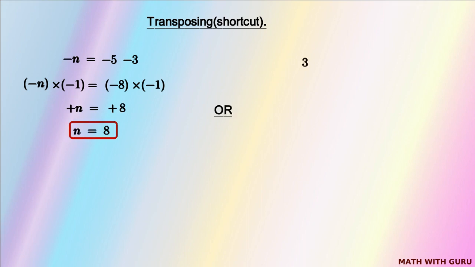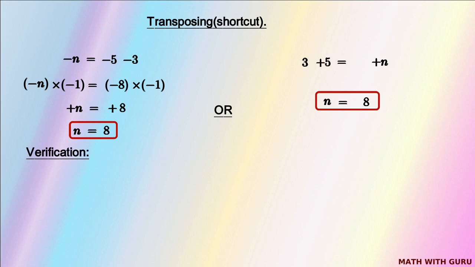Or 3 minus n equals minus 5. Let us transpose minus n to the right hand side and minus 5 to the left hand side. They change their signs like this. 3 plus 5 is 8 equals n. Let us interchange the sides. n equals 8.